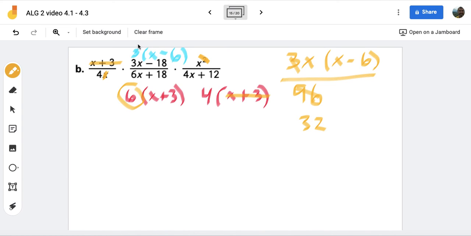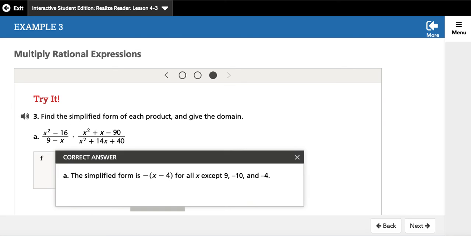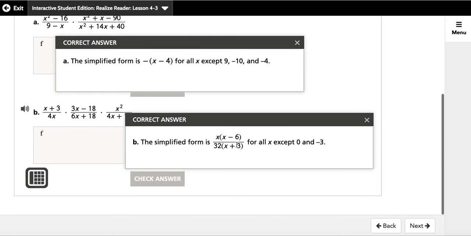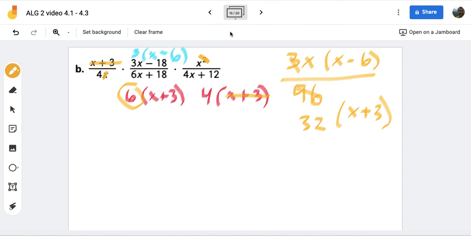The 3 and the 6, I could have reduced it. And I still had an x plus 3. All right. Let's see if I messed up somewhere. X times x minus 3, 32. X plus 3, can't have those as zeros. Yeah. That's what I wrote. All right, I guess I did it right.